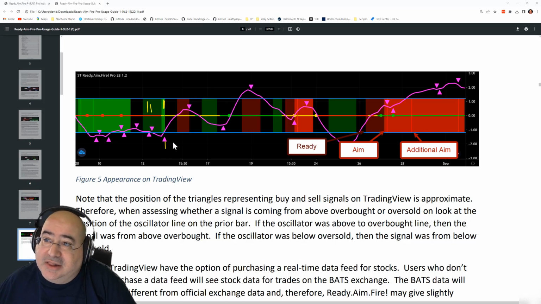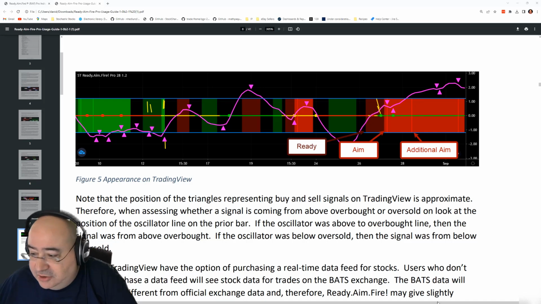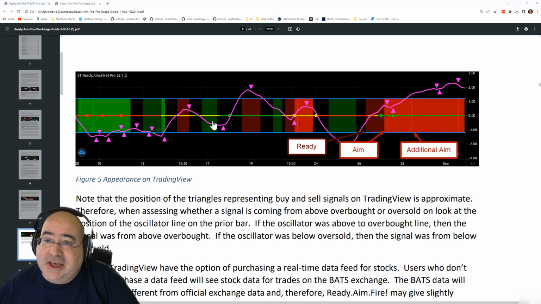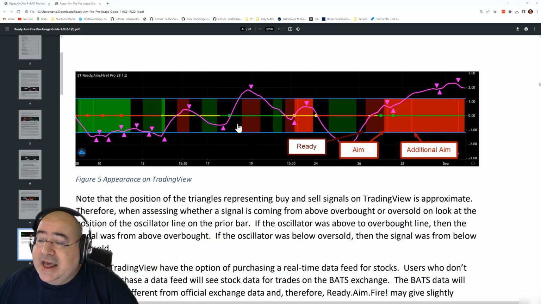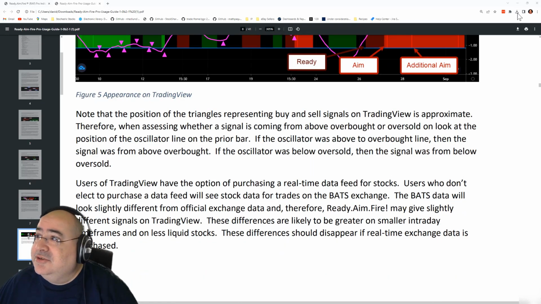Instead of arrows, you've got little triangles. Dark red to bright red, the pro thrust. So it's very, very similar. There are no arrows in the interface, so we use directional triangles, but that's really the only material difference there. And again, this is all broken out to show you what all the signals and everything look like on all the platforms, and there's a lot of useful stuff there.